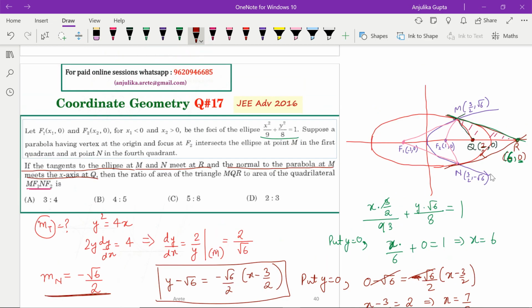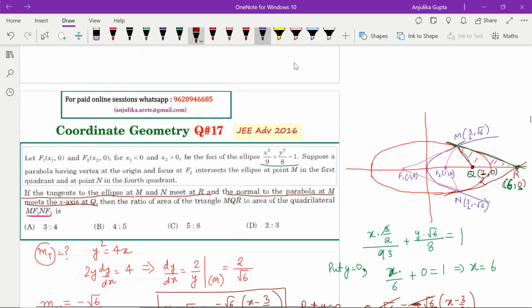Let's figure out the area of the triangle first. Let me do it on the top. So triangle MQR, what's the area? Half times base times height. Let me draw this. This is the height. Let's call this point S, so MS. What is your QR?